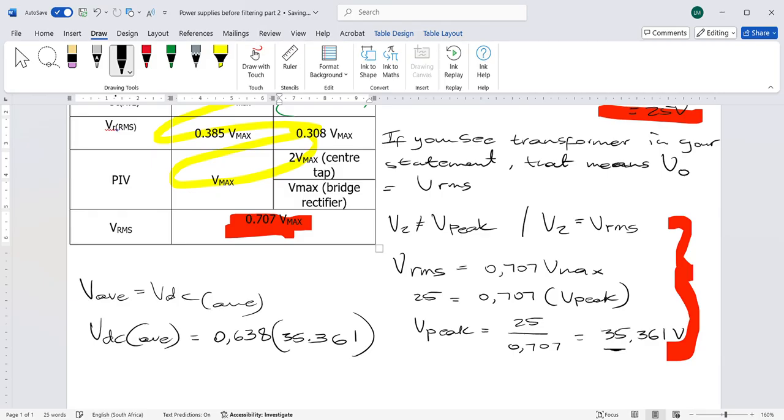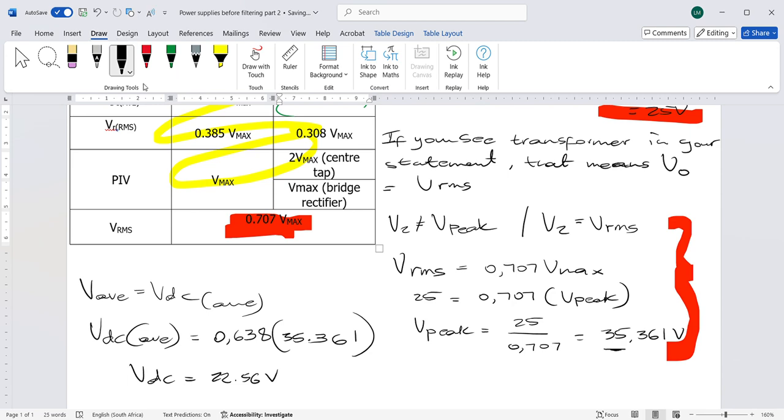And then ultimately, VDC is equal to, then we're going to calculate this. So the answer here is 22.56 volts. So that becomes our solution.